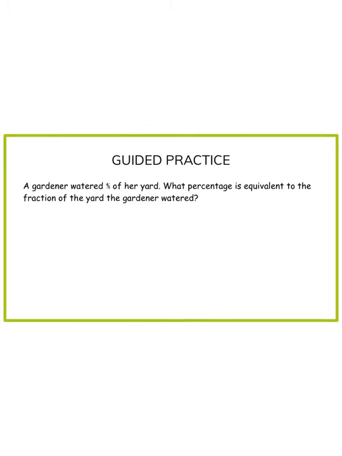Now we're going to do one guided practice word problem together. In this problem, it says, a gardener watered 4/5 of her yard. What percentage is equivalent to the fraction of the yard the gardener watered? So first I'm going to write the fraction down. 4/5. Now I need to convert this fraction to a percentage. Well, I know first I have to convert it to a decimal.